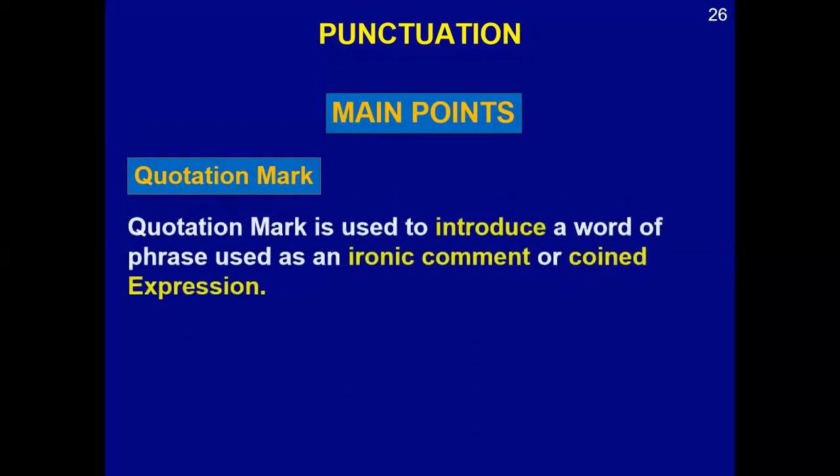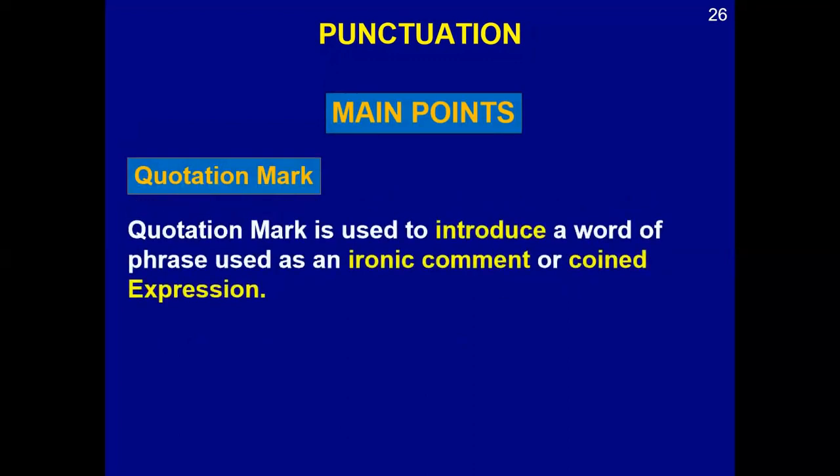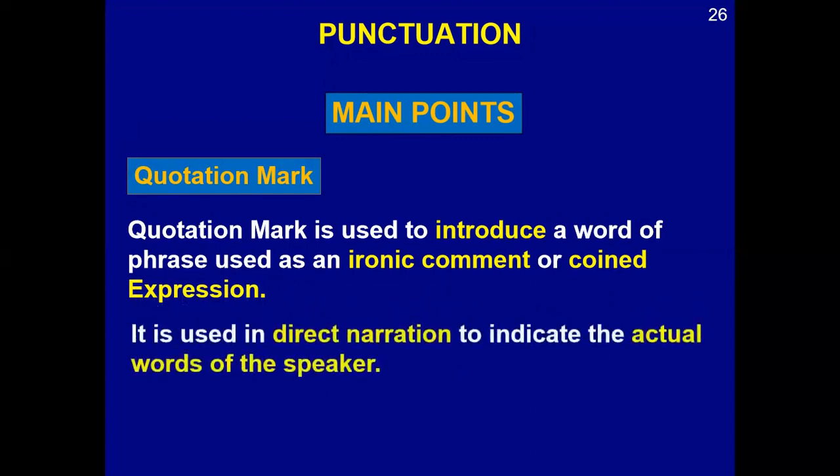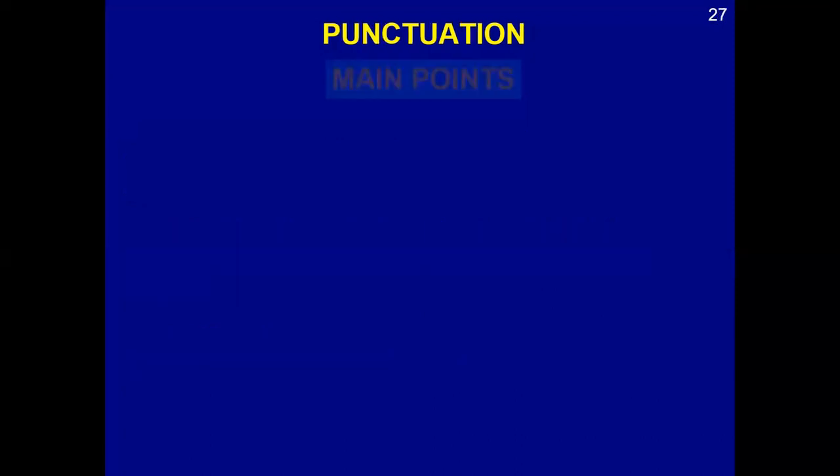Quotation mark. A quotation mark is used to introduce a word or phrase used as an ironic comment or coined expression. It is used in direct narration to indicate the actual words of the speaker.